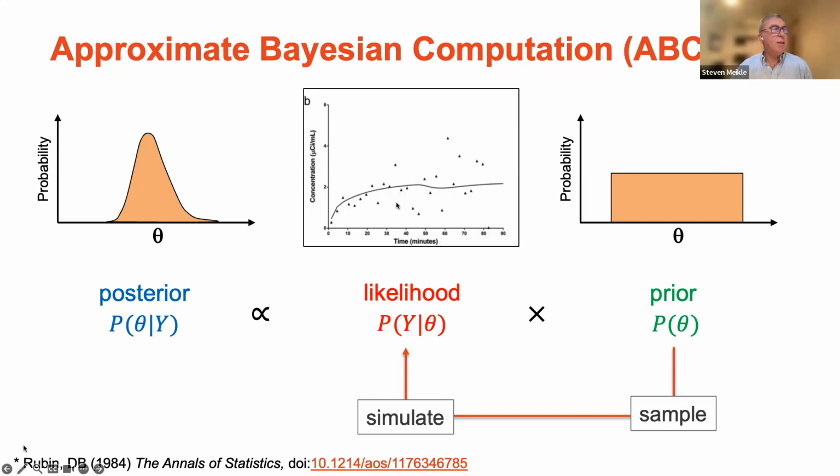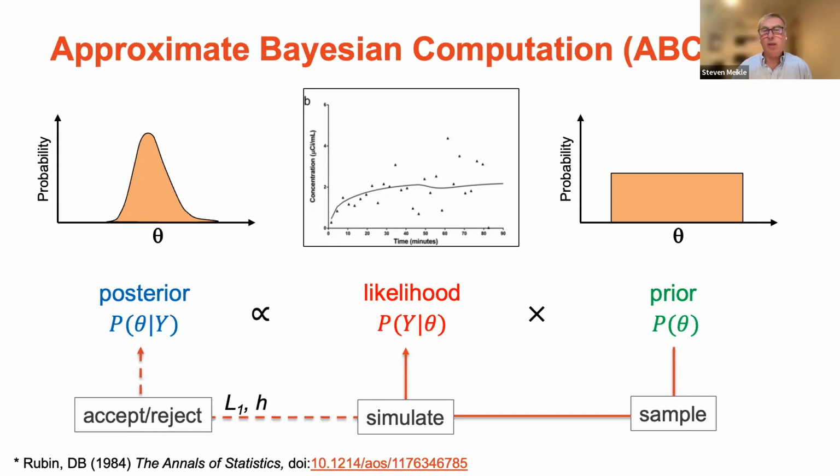And then the next step is to look at the distance between our simulated curve and our actual observed curve. So we can look at the residuals. We can use an L1 norm or an L2 norm to look at the distance between those two entities. And we also have this other important parameter, which is a tolerance parameter.